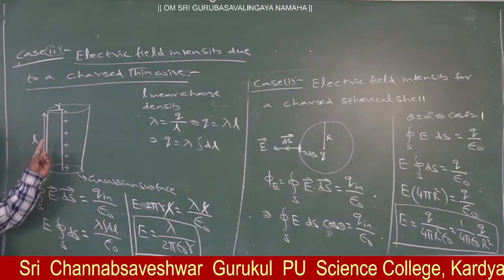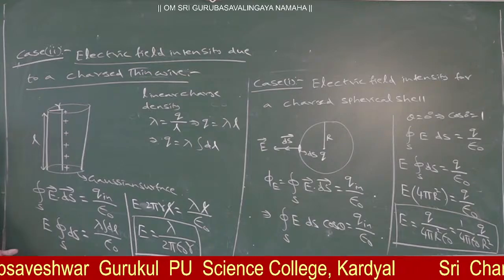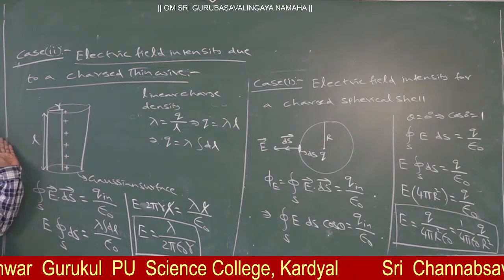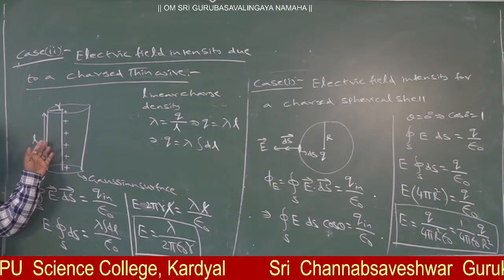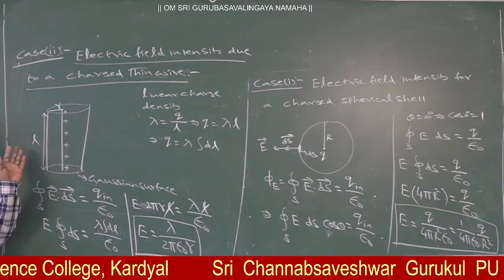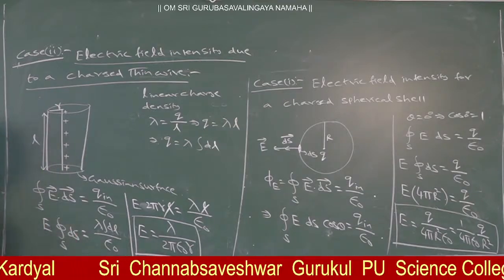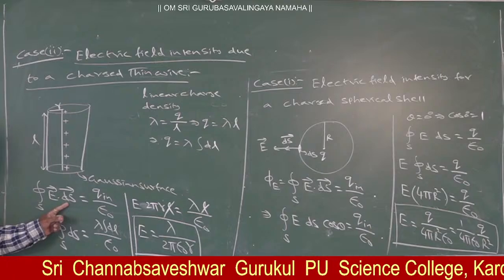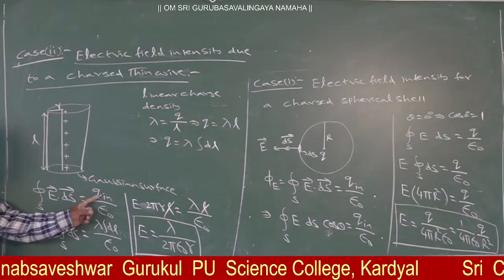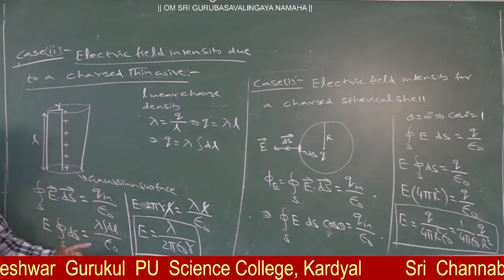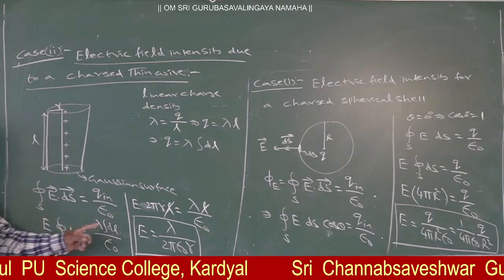If the charge is negative, the angle becomes 180, because the electric field is inward and the area vector is outward. But for positive charge it is always 0. So cos 0 is 1, and E surface integral ds equals lambda integral dl by epsilon naught. You should take care of these values, that's all.